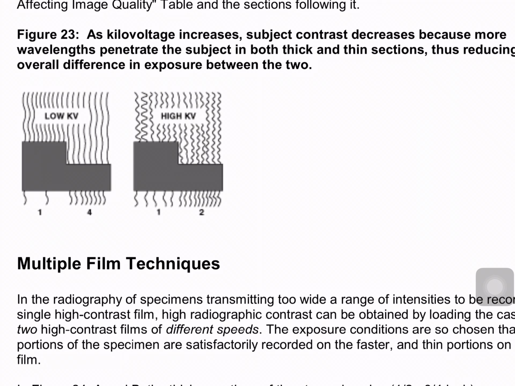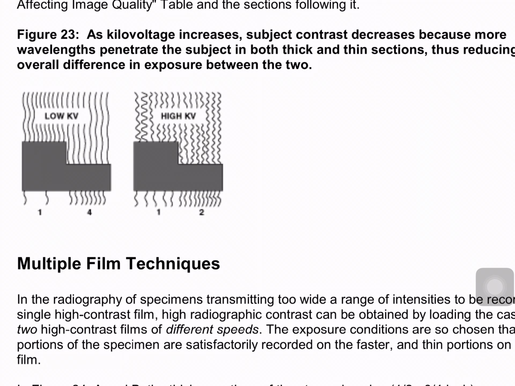If you see in these two pictures, the first one is low kilovoltage and the second is high kilovoltage. This is your specimen: on the left side the thickness is more, and then the thickness reduces.